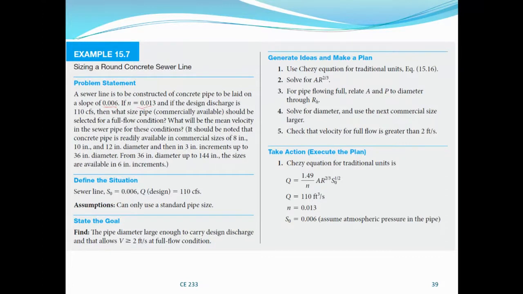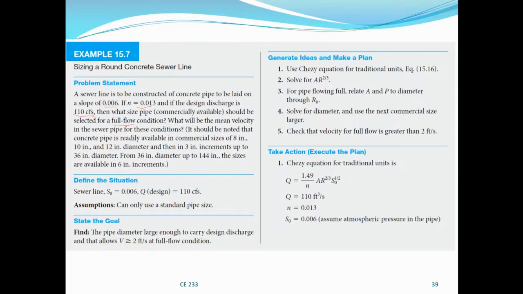If Manning's n is 0.013 and the design discharge is 110 cubic feet per second, then what size pipe commercially available should be selected for a full flow condition? Full flow means it's pipe flow, flowing full. And what will be the mean velocity in the sewer for these conditions?